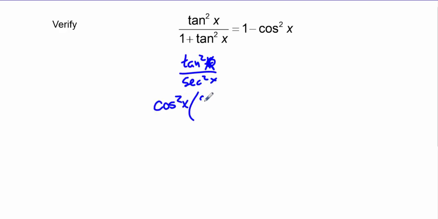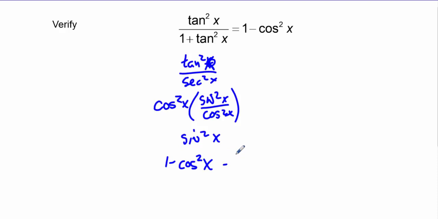And then tangent squared is just sine squared x over cosine squared x. The cosines reduce, leaving me with sine squared, which is what I wanted to get to, and I know that sine squared is equivalent to 1 minus cosine squared. And I've now proved that the left side equals the right side.